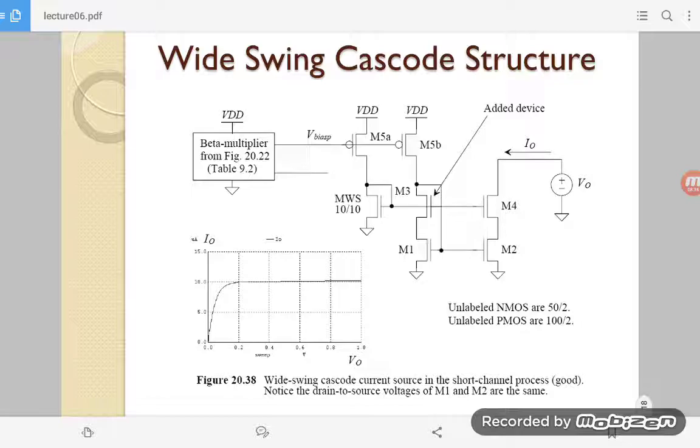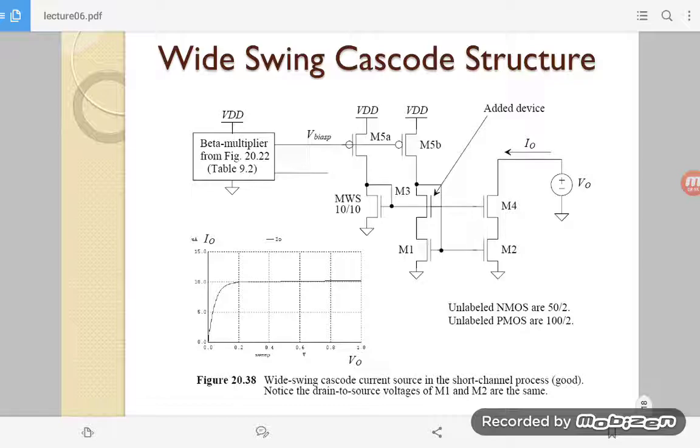So that's why we are adding another M3 device over here, so that after subtraction from the 2 VDS SAT plus threshold voltage, it will be simply VDS SAT at the output of this M1 MOSFET.